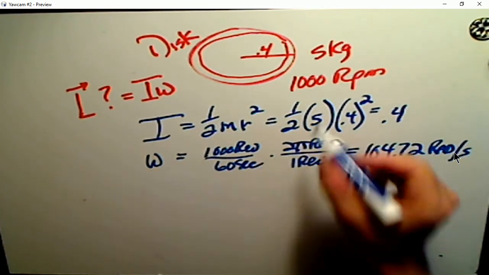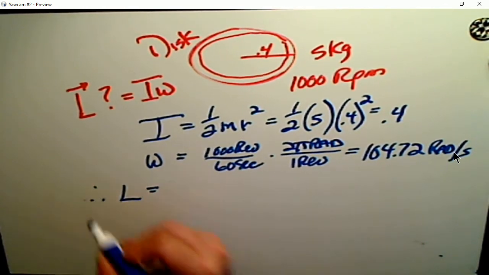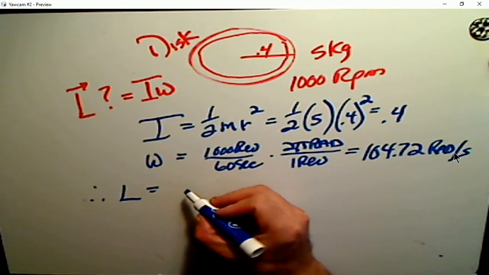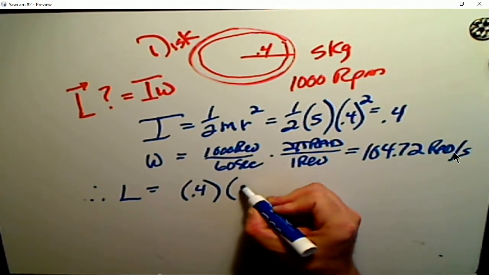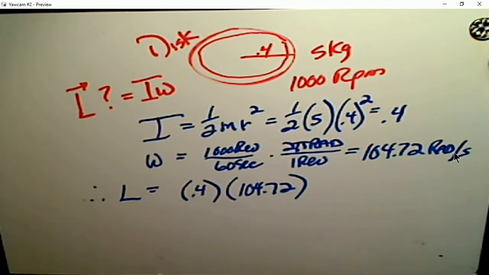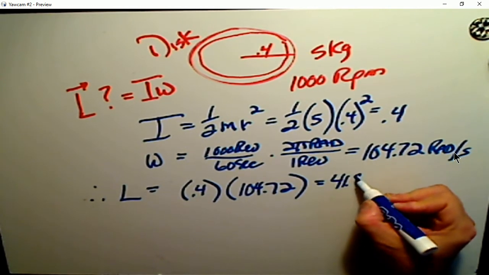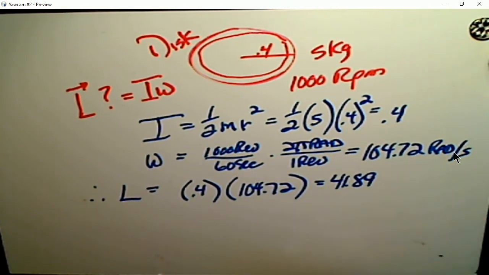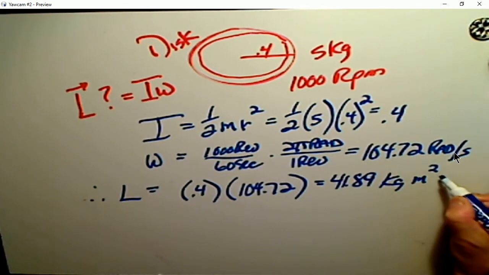So given those two, angular momentum therefore is 0.4 times 104.72, which is 41.89 kilogram meters squared per second.